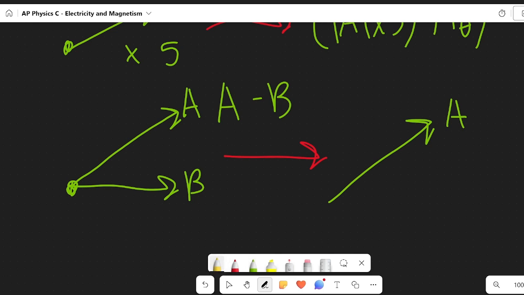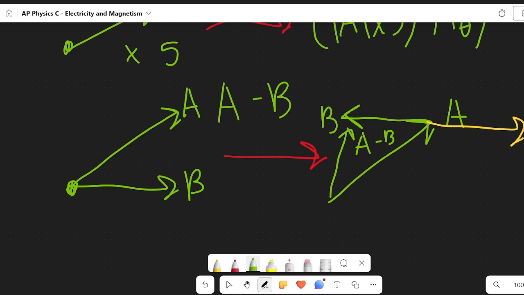We're going to say, okay, A starts like this, and then B is supposed to go here. But in our vector subtraction, we're going to flip it and say it'll go here. And this will be A minus B. So there you go, those are basically the three types of manipulations we'll do with vectors and scalars.